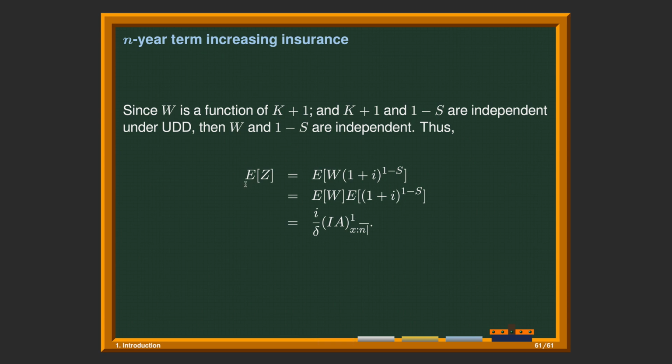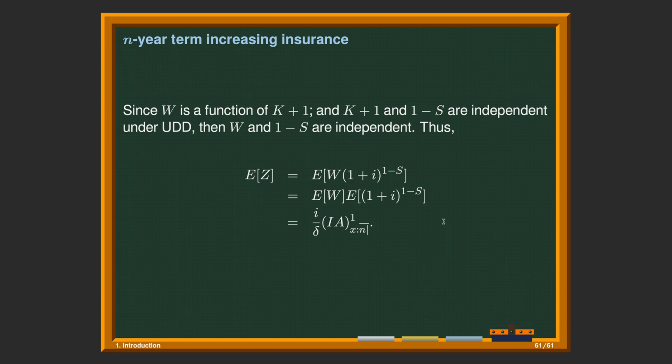Actually, this left side is equal to this expression with a bar on top of capital A. So we have a similar, analogous identity relating the insurance payable at the moment of death to the corresponding insurance payable at the end of the year of death. There is a factor I over delta.